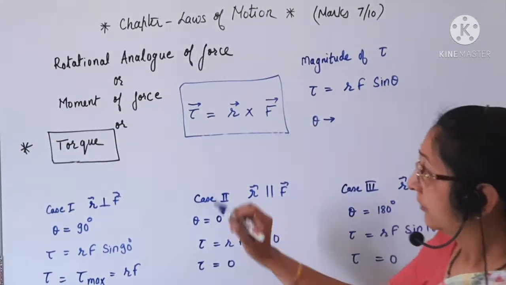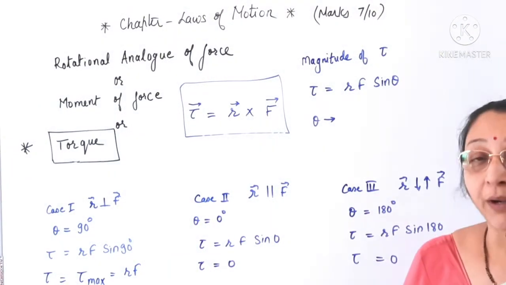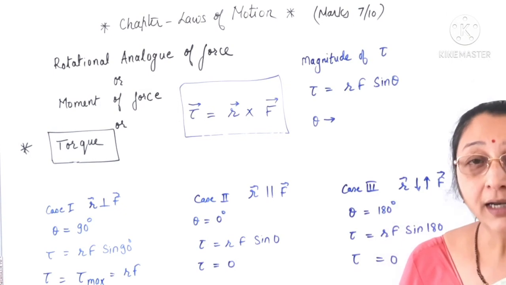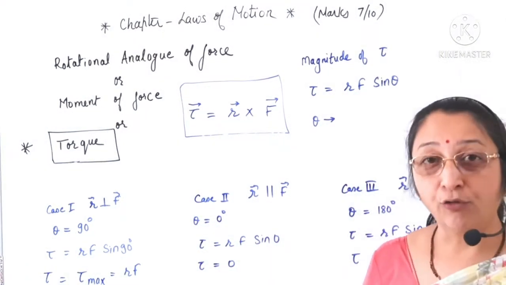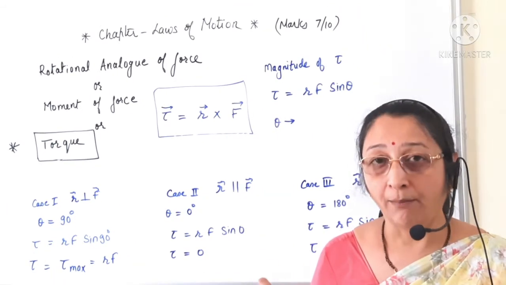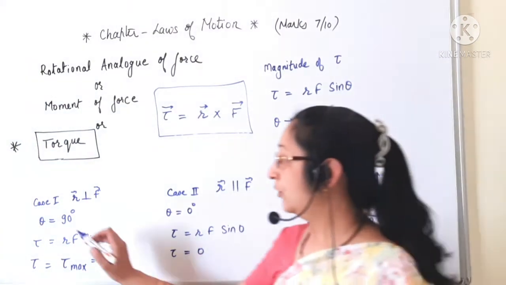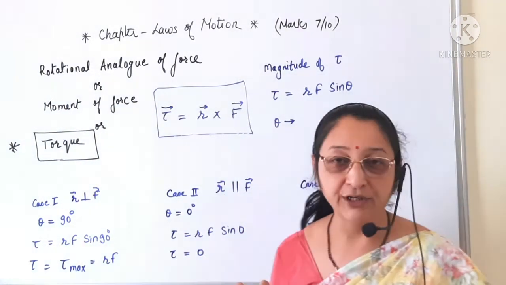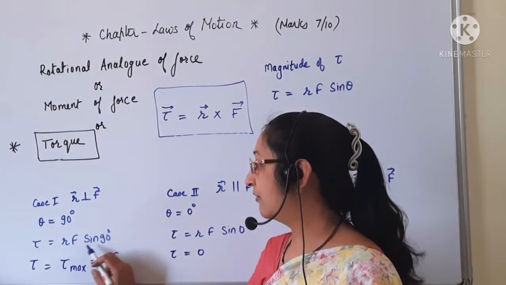Now, we will be studying three cases. In case 1, R is perpendicular to F. R is the vector joining the axis of rotation to the point where the force is applied, and F is the force. So if R and F are perpendicular to each other, theta will be 90. So tau is equal to R into F into sine 90.